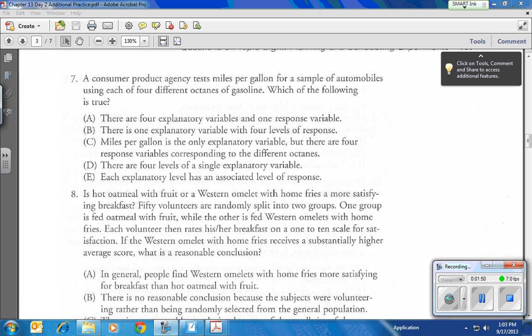Okay, number 7. A consumer product agency tests miles per gallon for a sample of automobiles using each of 4 different octanes of gasoline. Which of the following is true? A, there are 4 explanatory variables and 1 response variable.